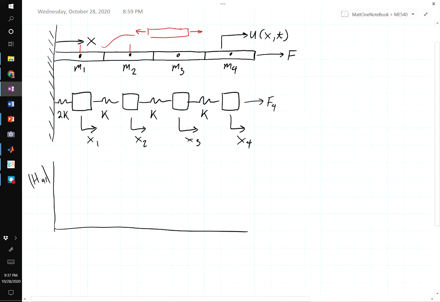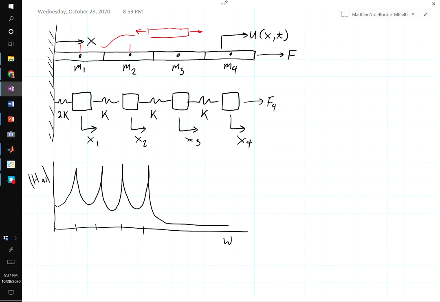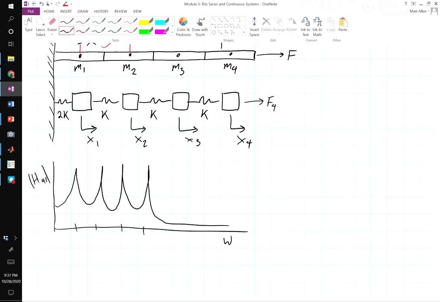If we did that with this 4 degree of freedom model, we would have a system that would have 4 modes, and then at some frequency we'd reach the frequency of the last mode, and there would be no other resonances after that. So that would be our 4 degree of freedom model.